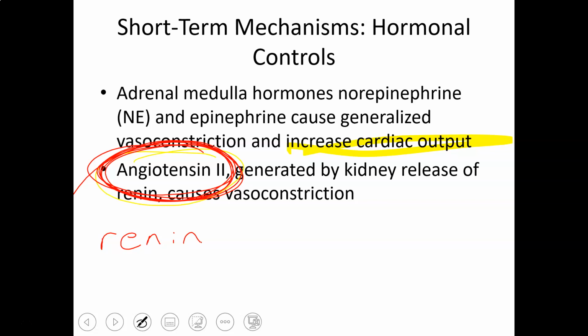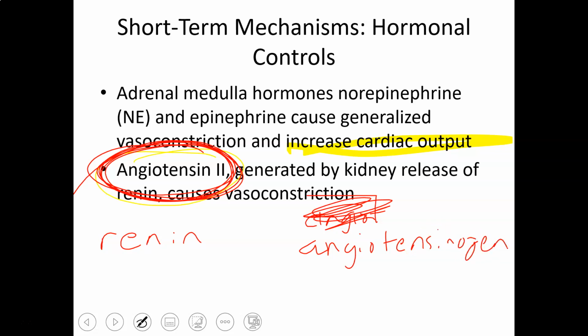Well, in the plasma, we have a protein, angiotensinogen. But there's that suffix again that always means an inactive protein. Angiotensinogen, an inactive protein in the plasma.